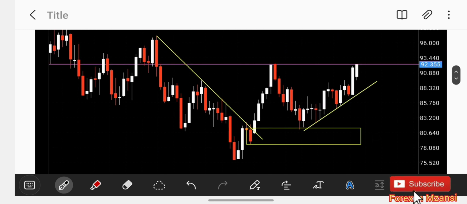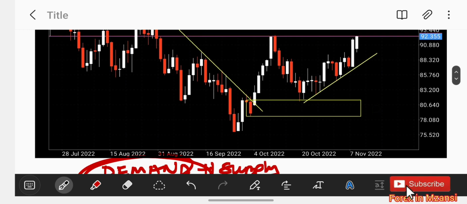And remember, the high odds ones are the ones on a higher time frame. The structure on a monthly looks better than the one on weekly, and the structure on weekly looks better than the one on daily. Someone trading on daily will see these areas perfectly, and the price has higher chances of reacting there than for someone trading on M1, because there's a lot of volatility and the price can throw you off.